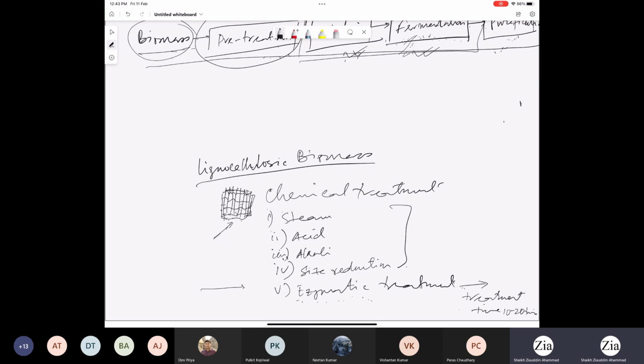Advantage is you are not losing any residues, and also you are not producing any other inhibitors. Whereas here it is producing inhibitors, and you will also lose some cellulosic residues.